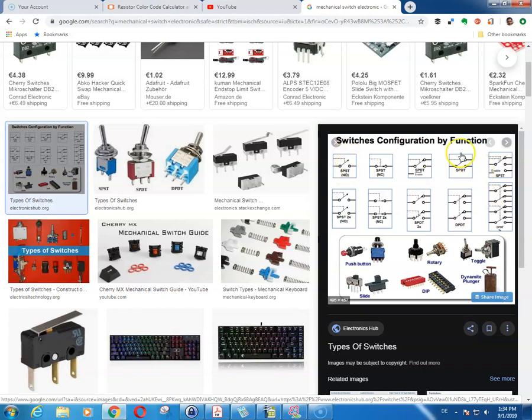But when there is a common contact either connected to this one or to this one, that's then called a double throw switch, meaning that one of them is a common, and then it's either connected to the one to the top or connected to the one to the bottom. So this is a single throw switch, this is a double throw switch, this is a double pole switch, this is a single pole switch. So that's basically all about switches.